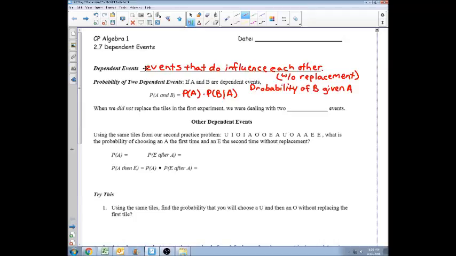Okay? When we did not replace the tiles in the first experiment, we were dealing with two dependent events.